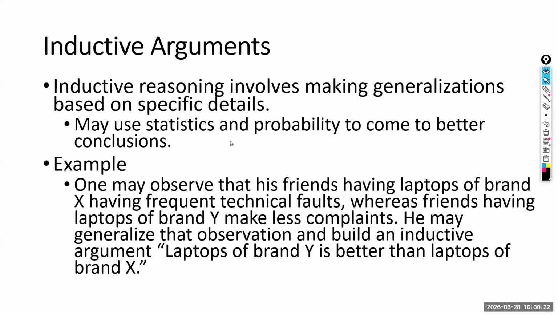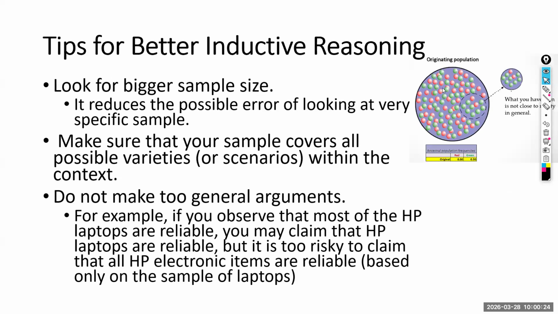So that is called inductive arguments. So you look at a sample space and determine, generalize, it's more probabilistic. But unfortunately, if your sample space is not a very good one, for example, you may say, okay, it's mostly green, but that is in your small sample space.